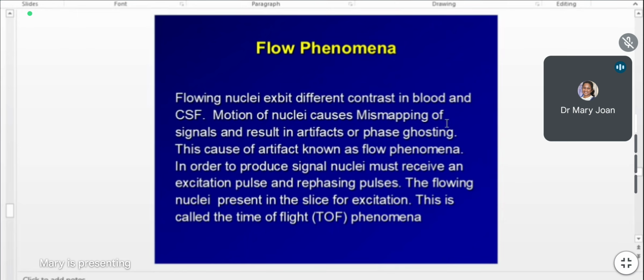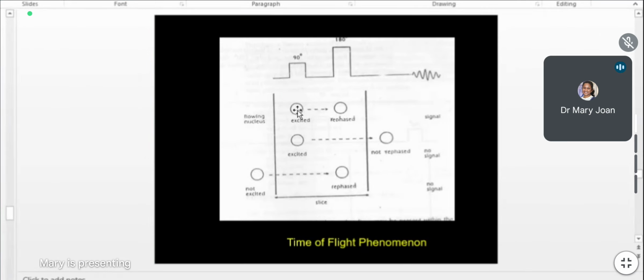So, time of flight phenomena. The flowing nucleus is moving, and if it is not excited, then when the rephasing happens, and the excited nuclei have gone beyond, it is not rephased and no signal is given.